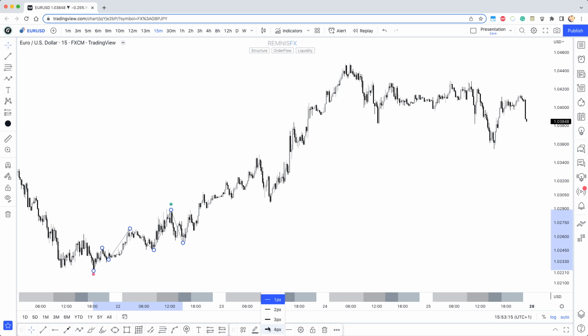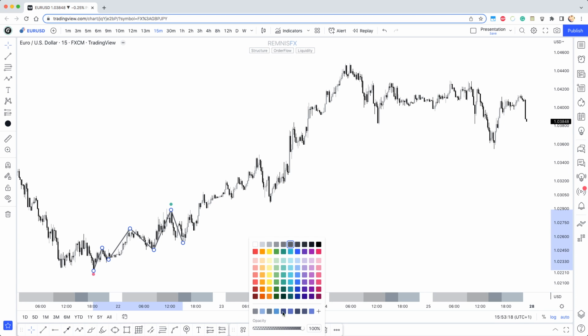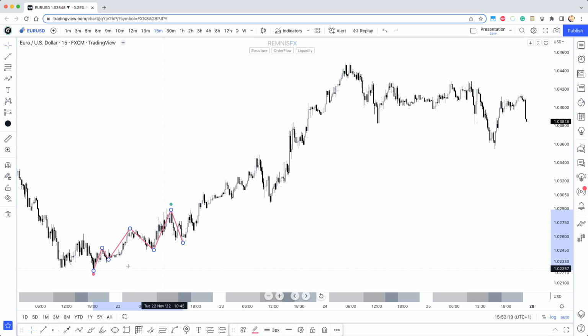Let's do 3 pixels, and let's give it a nice red color so it stands out. So this is basically your internal structure, the red colored line. Your basic structure leg is like this.